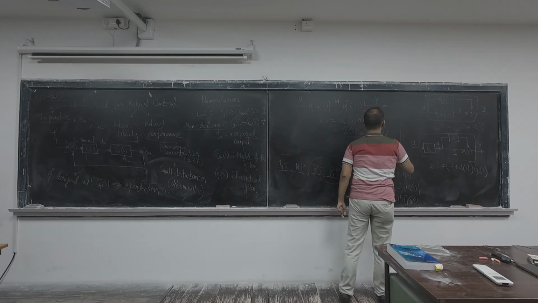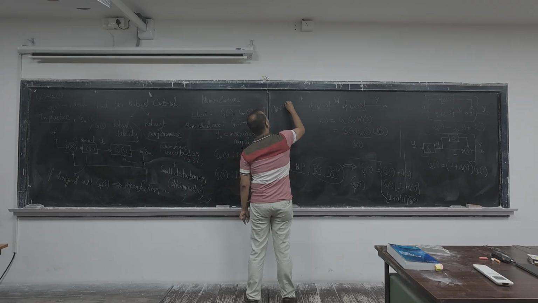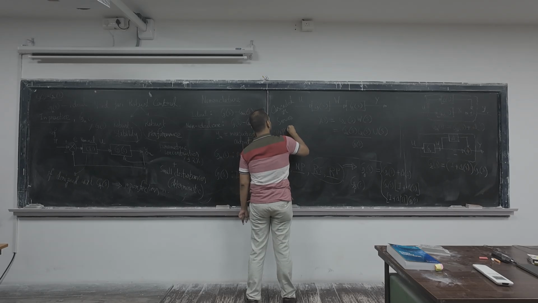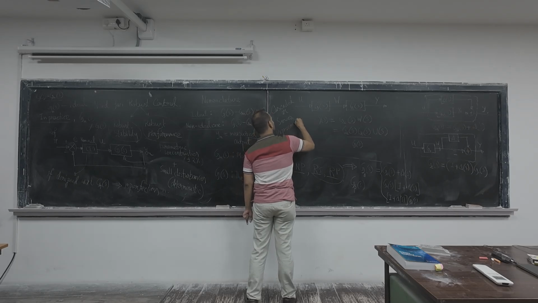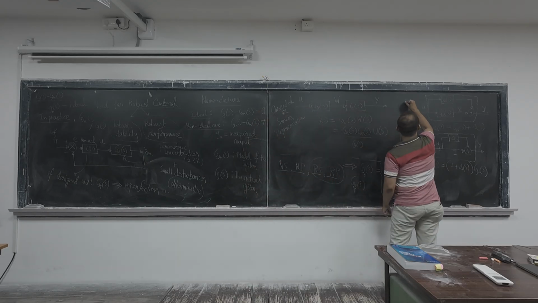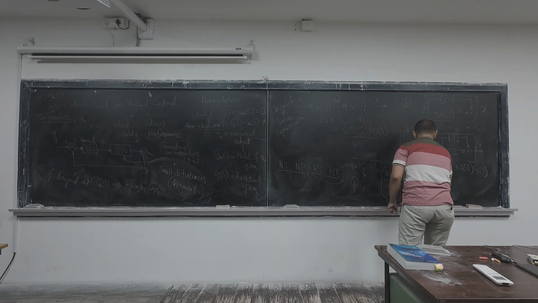So this is called a cascaded or series representation. So that is my first configuration, 1, 2, and then the third one.